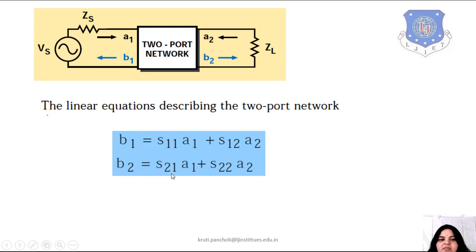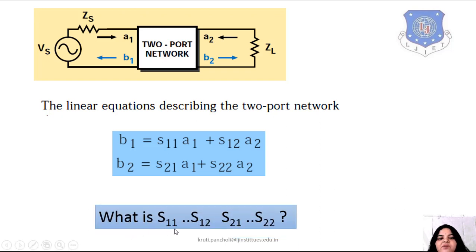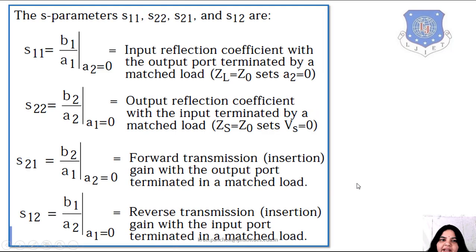So S21 is equal to B2 upon A1, plus S22. S22 means the incident wave traveling from port number 2 and the reflected wave from port number 2 only. So S11, S12, S21, S22 are the S parameters for the two-port network.